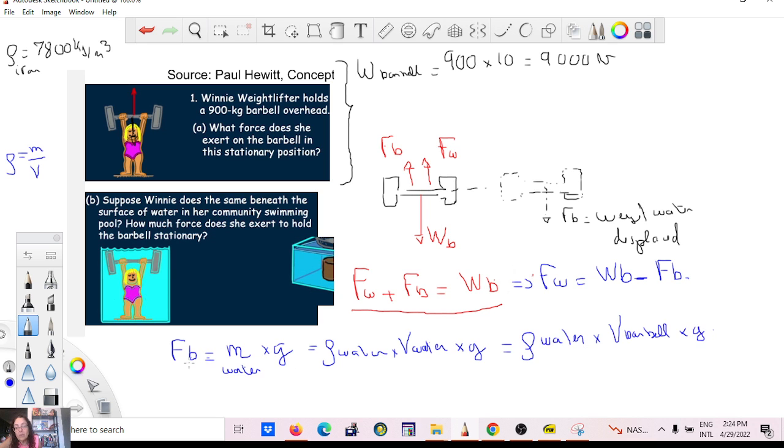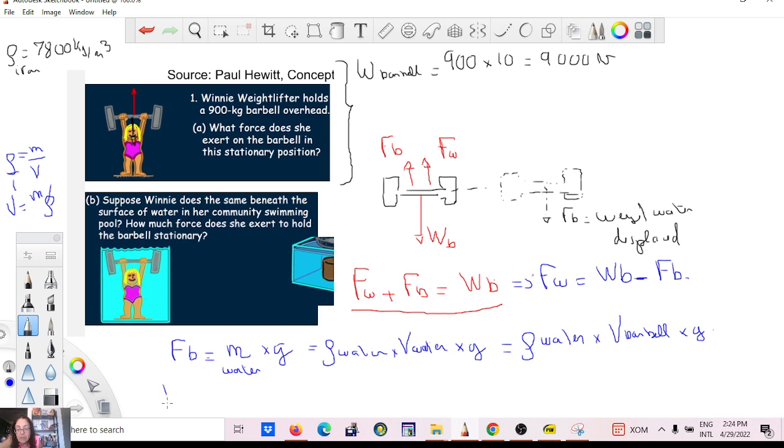Okay, so to find the buoyancy force, I need to find the volume of the water displaced, which is the same as the volume of your object. And I look back to here, and you cross multiply, divide, you see that volume is always equal to mass divided by density.